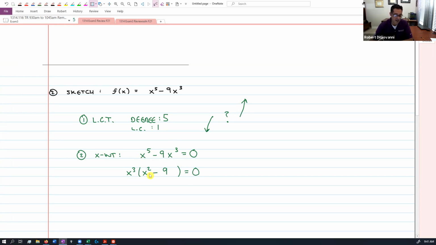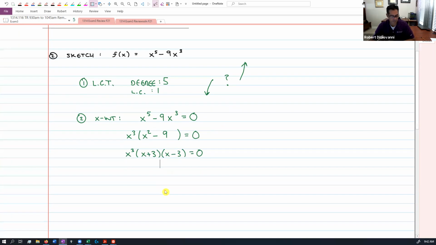And then I'm expecting that everyone will recognize this x squared minus 9 as a difference of squares. So x cubed, then this should become x plus 3, x minus 3 equals 0. And then you set each of these factors to 0. So I'm not going to show that. I'm just going to give you the 3 answers.